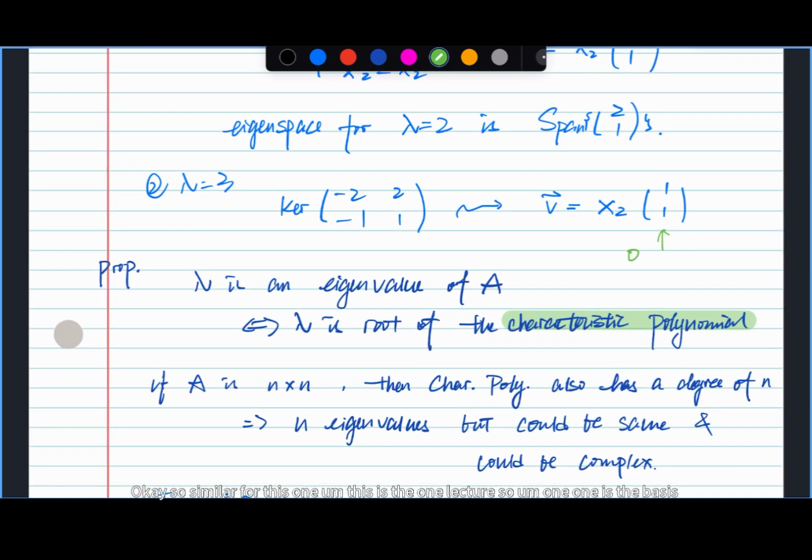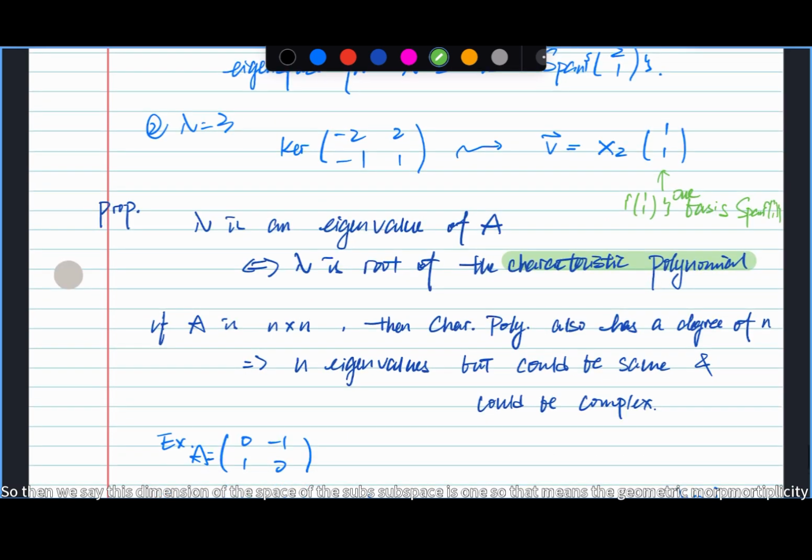The basis is the span of the vector (1, 1). So we say the dimension of the subspace is 1, which means the geometric multiplicity is 1.